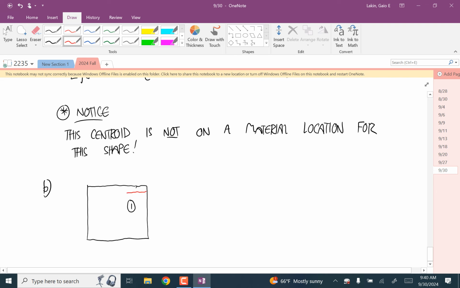And then we're going to remove an inner square, and that's our shape 2. So we're going to remove 2 from 1. And so we're going to think of this square 2 as a negative area. Okay.